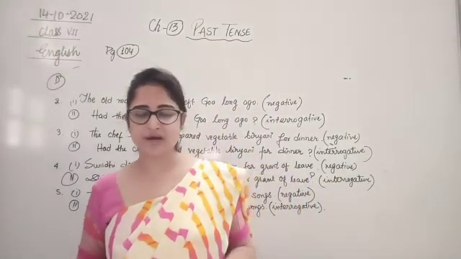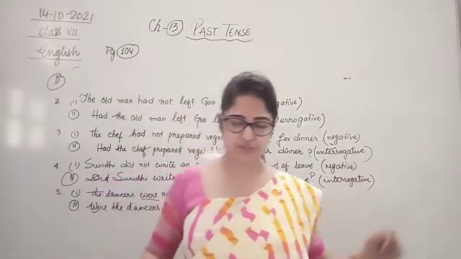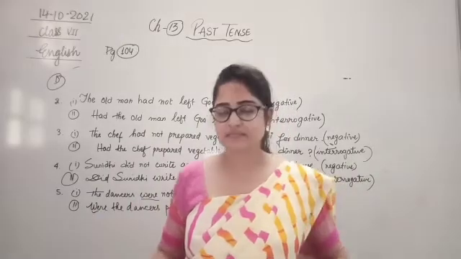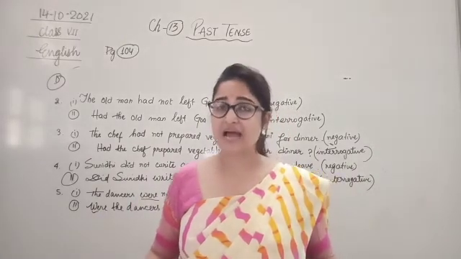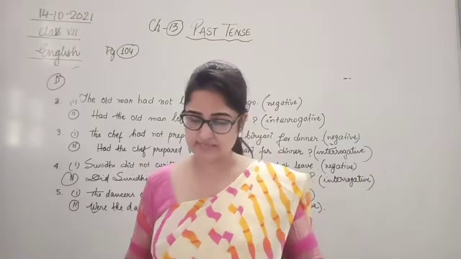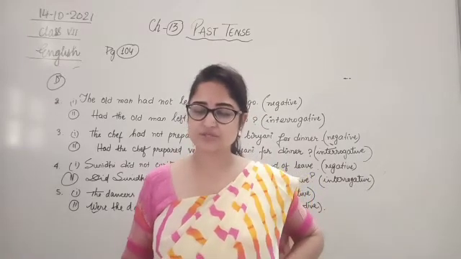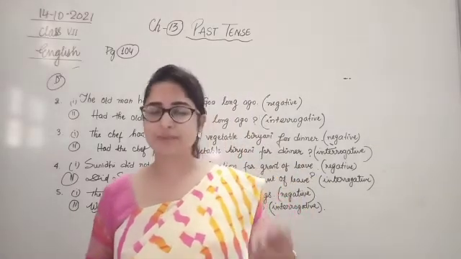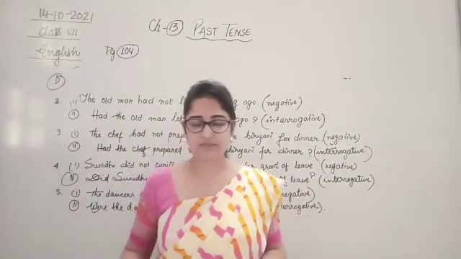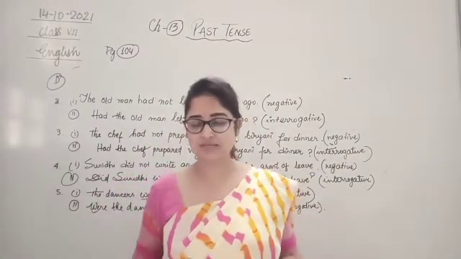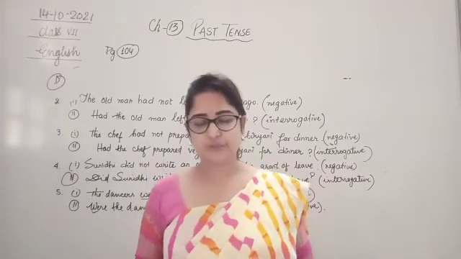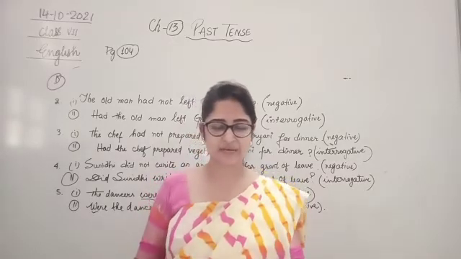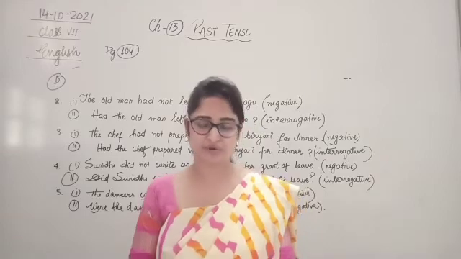Now in simple past, it's referring to a past action. Present perfect, there is this past action linked with the present, and now we have the present result of the past action. Took place a long time ago, took place a short time ago. We should not use any expression of time indicating past time with the present perfect tense.